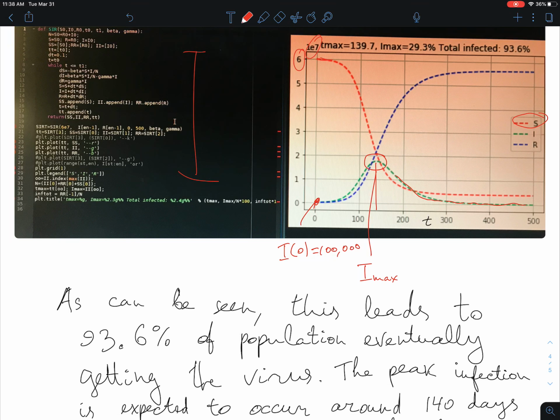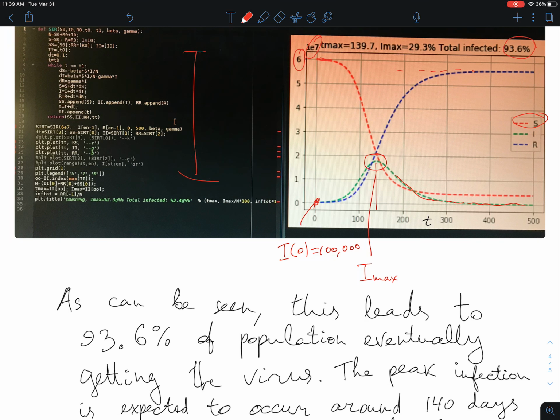Interestingly, at the end of this whole infection, the blue line corresponds to the recovered population. So at the end, most people are recovered, and depending on the data, about 1 to 3% of people die.